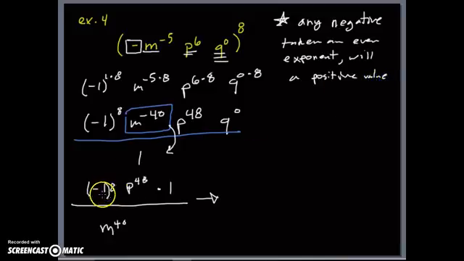So we've got a negative base here of 1 being taken to an even exponent, so it's going to be positive, and then 1 times itself 8 times is just 1. So in the numerator we're left with p to the 48th over m to the 40th.